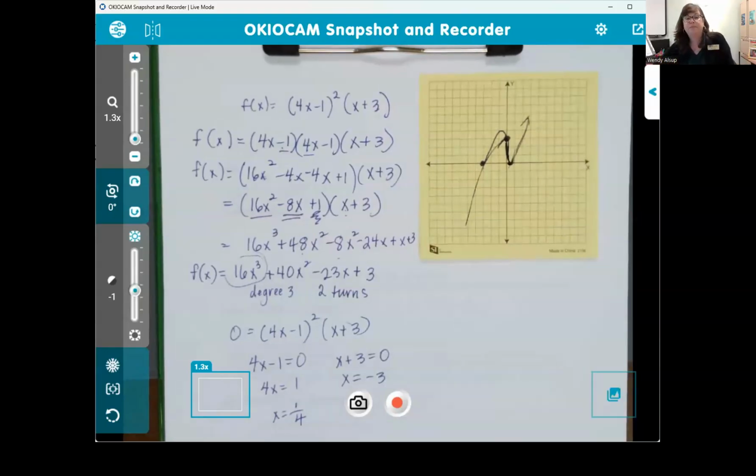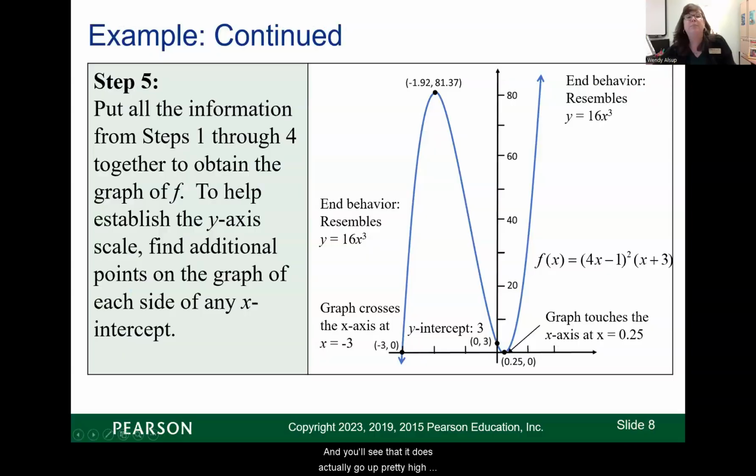Okay. All right, let's look at it here in our PowerPoint slides, and you'll see that it does actually go up pretty high here. And then it has a y-intercept of 3, and then it touches at 0.25 or 1/4.